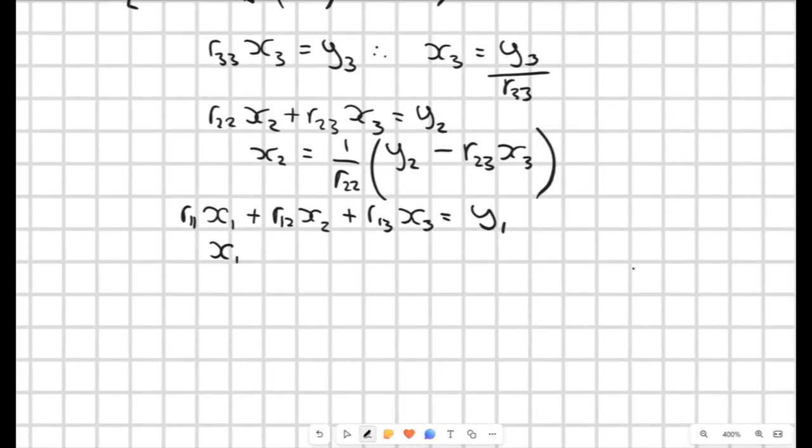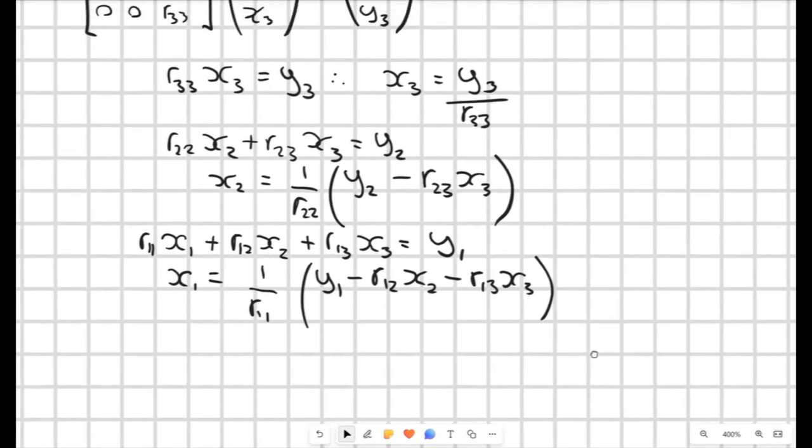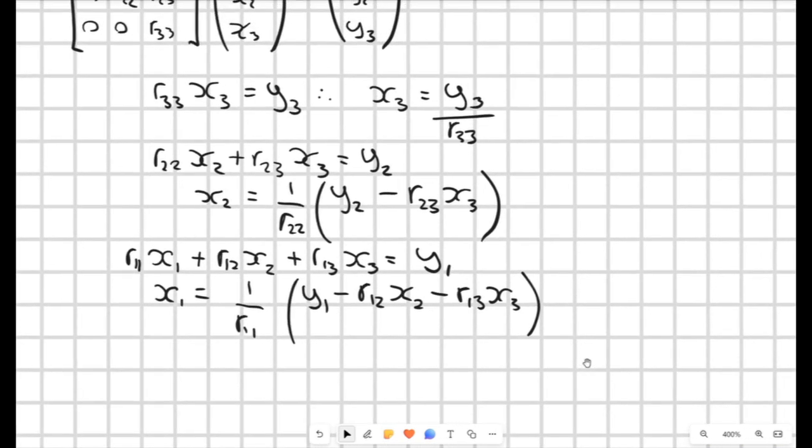So we know that x1 is going to be equal to y1 minus r12 x2, minus r13 x3, and because of this term here, it's all going to be divided by r11. And again, we know all of the r's, we know y1, and we found x2 and x3 in the previous iterations.